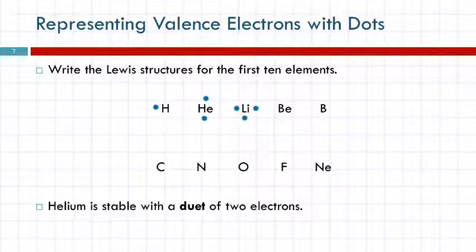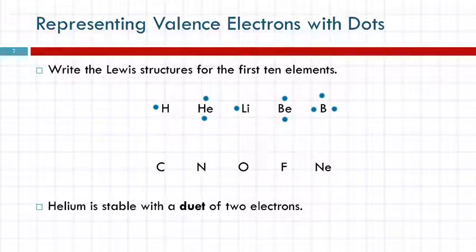We're just counting. Beryllium? Oh, I'm sorry, lithium doesn't have 3. Never mind. Don't listen to me. Lithium has 1, because those first 2 electrons are core electrons now. Lithium has 1. Beryllium has 2. Boron has 3.